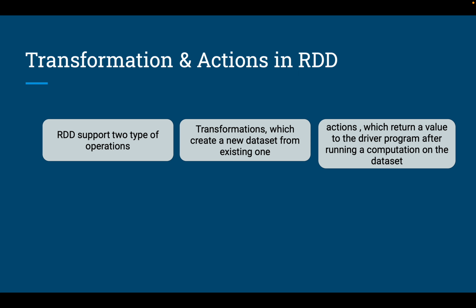RDD supports two types of operations: transformations and actions. A transformation creates a new dataset from an existing one, and it is lazy, which means it will not execute until we call an action. An action, as the name says, returns a value to the driver program after running a computation on the dataset.